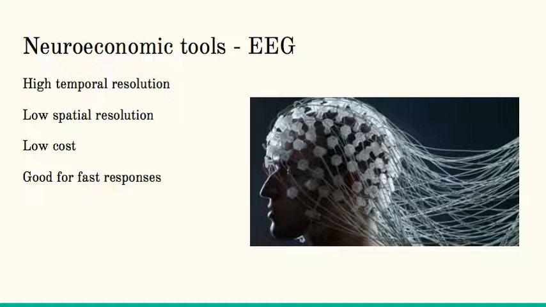It has a high temporal resolution, which means that it records very quickly. So if there is a sudden and abrupt change in electrical activity, the EEG will pick it up.